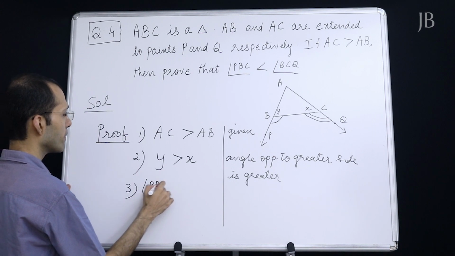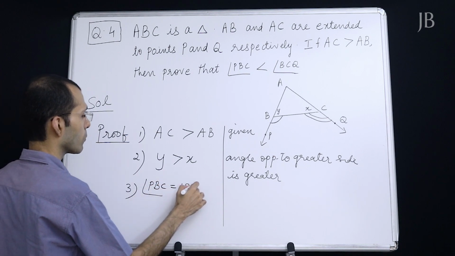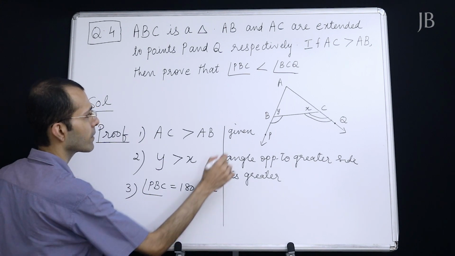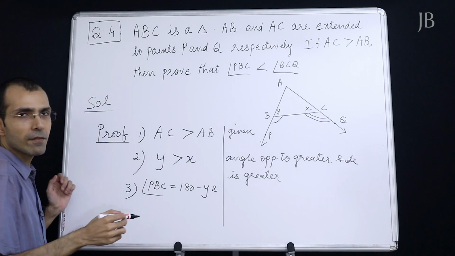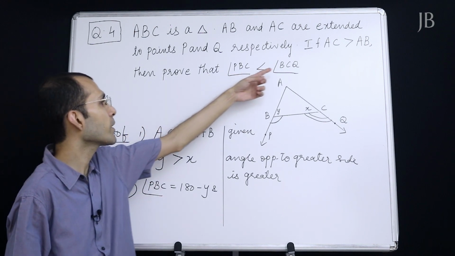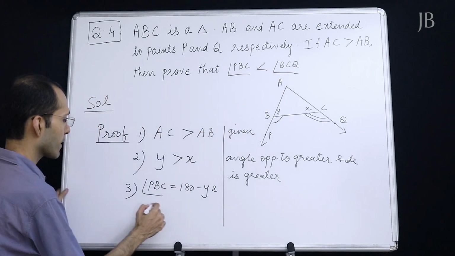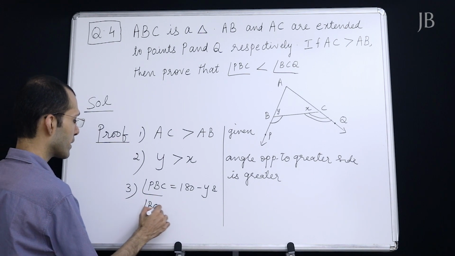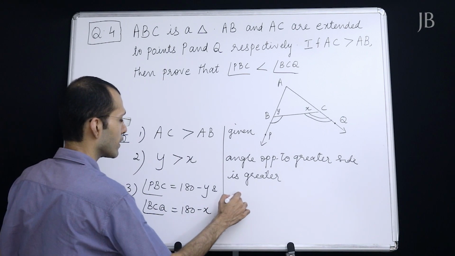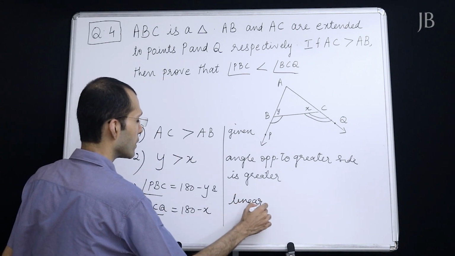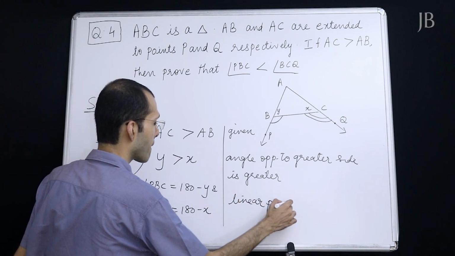Angle PBC will be how much? 180 minus Y. Linear pair. And what will be angle BCQ? Why are we finding all these angles? Because they are required in the question. And angle BCQ will be 180 minus X. The reason is linear pair.